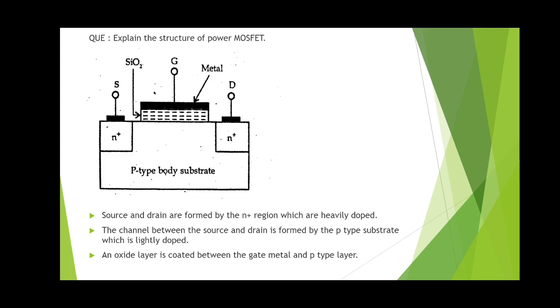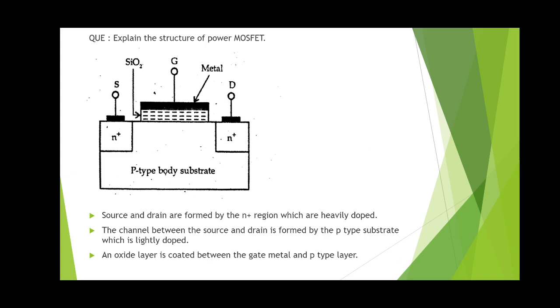There are different types of MOSFET, the depletion type and the enhancement type. In both of these types, there can be N channel MOSFET and P channel MOSFET. So in this figure we have drawn the structure of the N channel enhancement mode MOSFET.